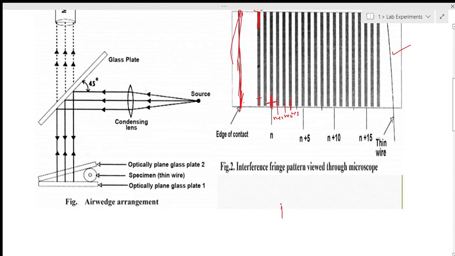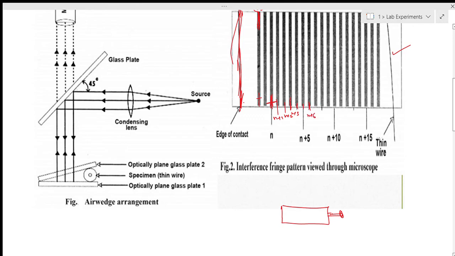Using the side screw provided in the traveling microscope, we can make the vertical cross wire move over the interference fringes. At n plus 3, we again find the MSR, the main scale reading, and the vernier scale coincidence. And then continuously the next three, that is n plus 4, n plus 5, n plus 6, the reading is taken.